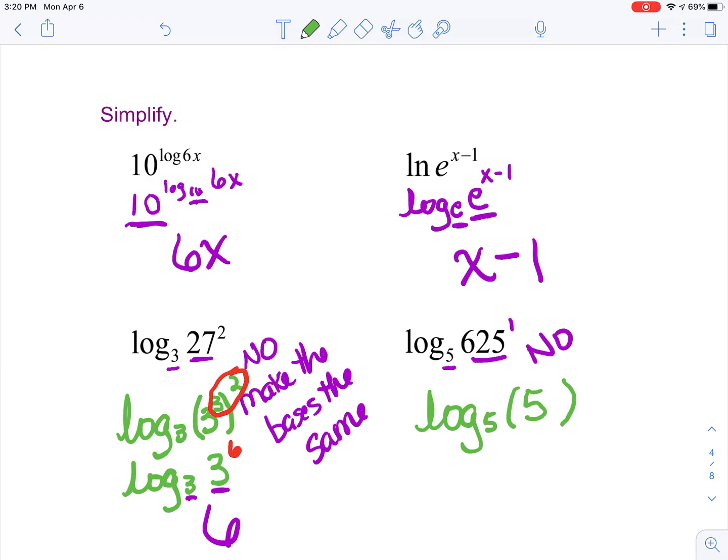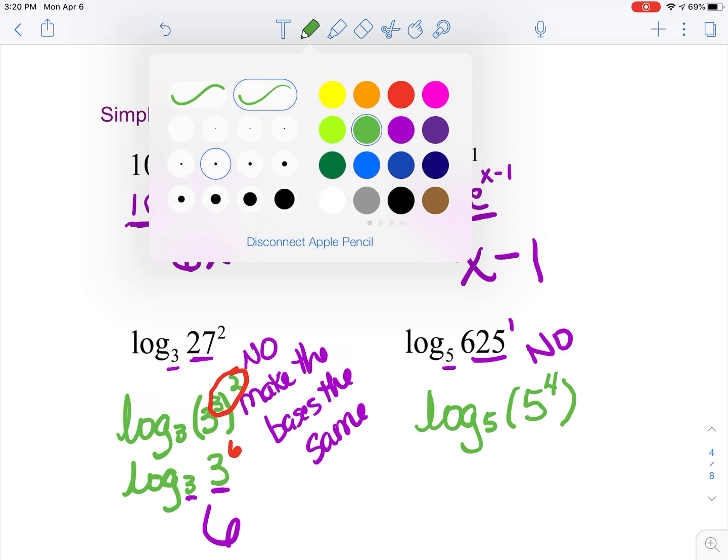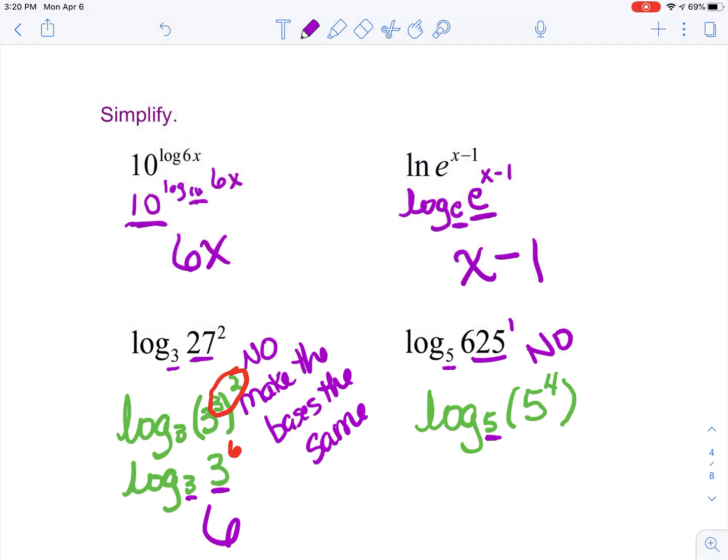Well, 5 to the first is 5. 5 to the second is 25. 5 to the third is 125. 5 to the fourth is 625. Now, are the bases the same? And your answer is yes, so my answer is just going to be 4.